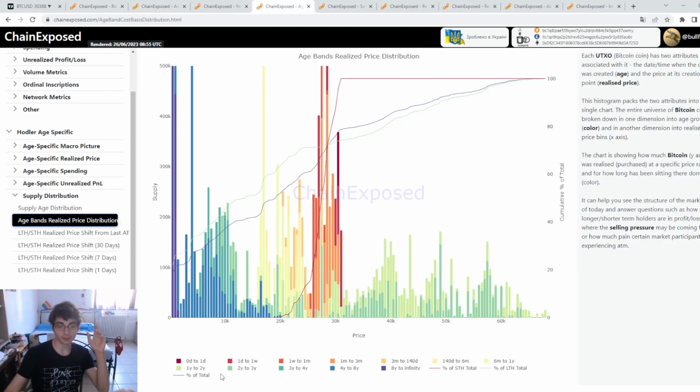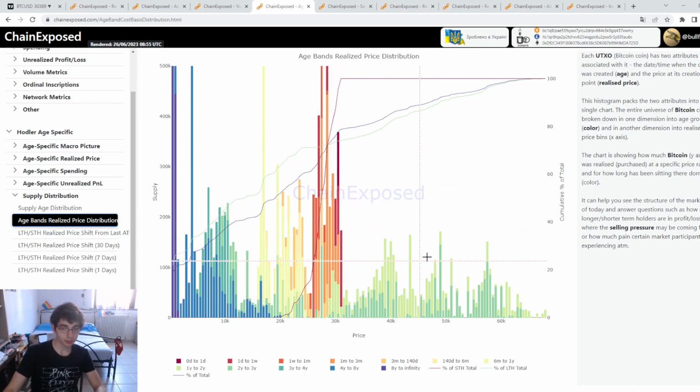So for example, we have holders of 6 months to 1 year old from 16k to 24k and so on, and we see not only the average, but how much of them have, for example, their cost basis at 17k and are the majority in this case, and how much of them are at 20k.